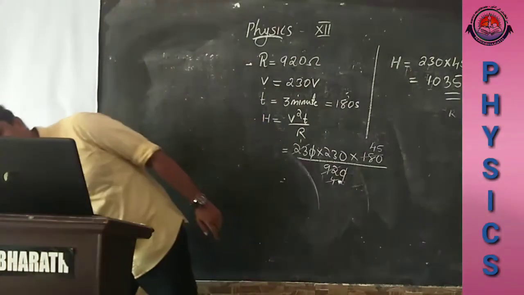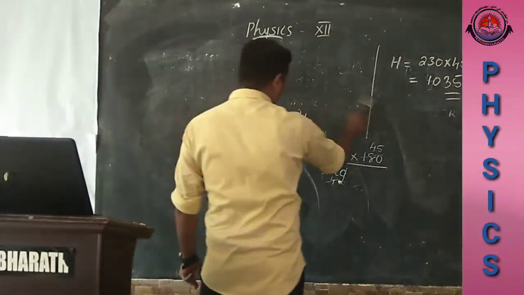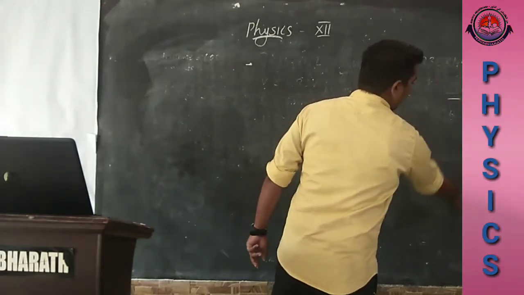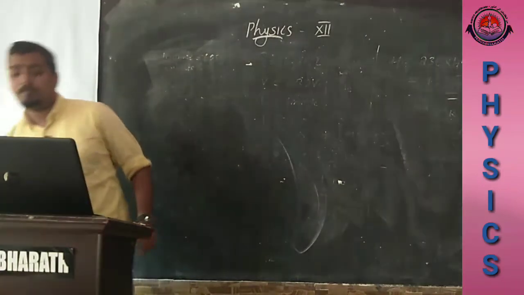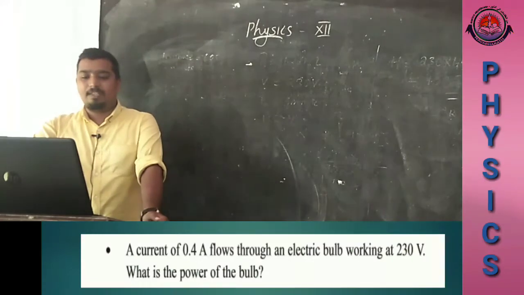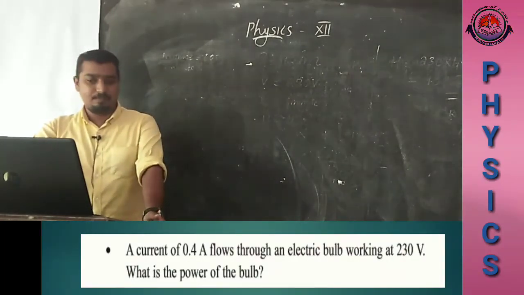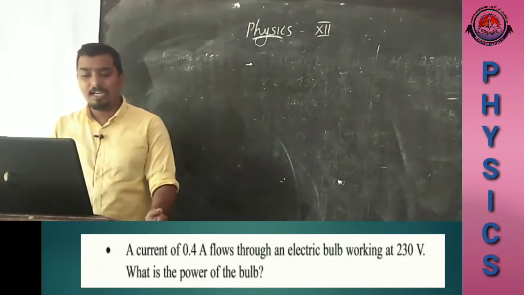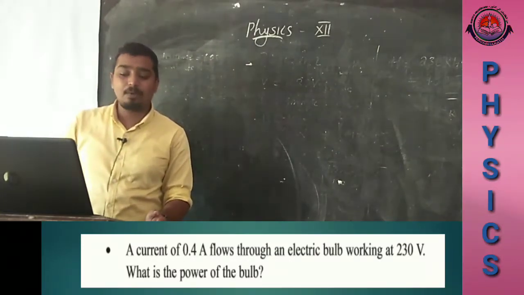The next question is based on power. The question is, a current of 0.4 ampere flows through an electric bulb working at 230 volt. What is the power of the bulb?